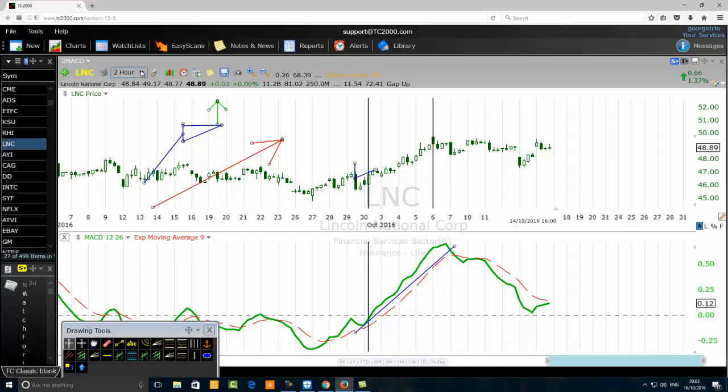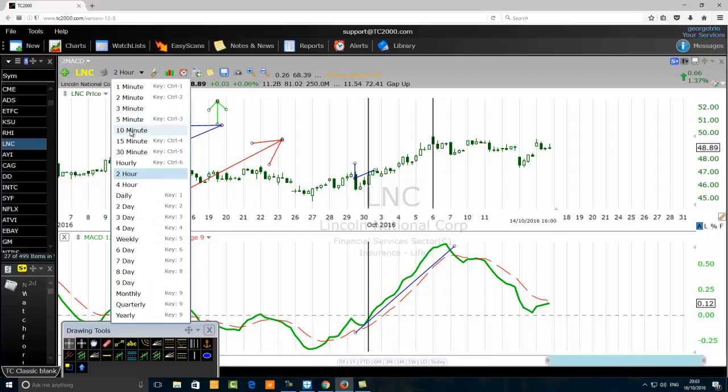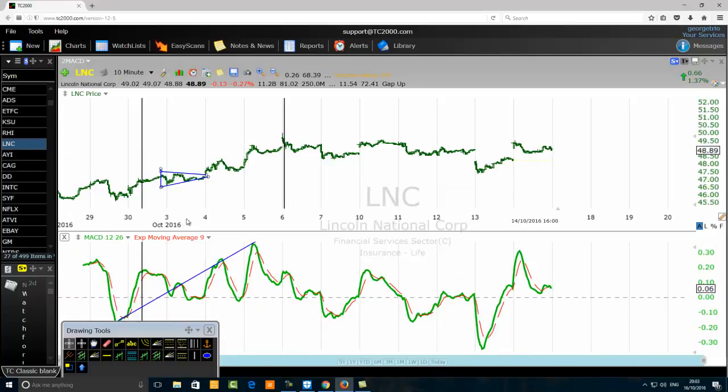So let's go to the 10-minute time frame and remember the two vertical lines. Where are they? Here they are. Can you see? Between these two vertical lines on the 2-hour time frame, MACD is sloping up. Now we are looking on the 10-minute time frame to see whether there is an ascending triangle.